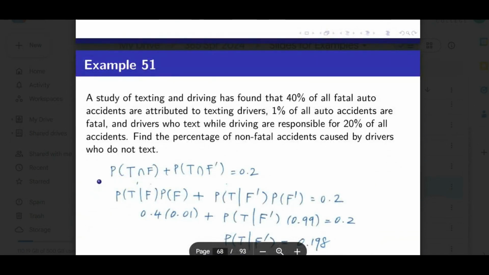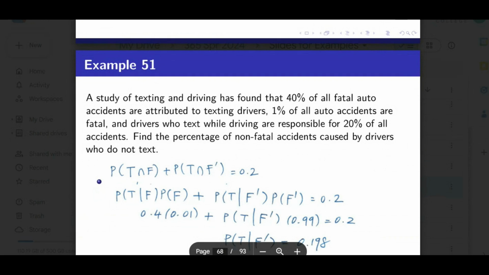We know that we can decompose P(T intersection F) as P(T given F) P(F), and then P(T given F prime) P(F prime). This is exactly what we just revised a minute ago. A conditional probability multiplied by this probability gives you back the intersection probability. Can anyone tell me why I'm writing this line here?